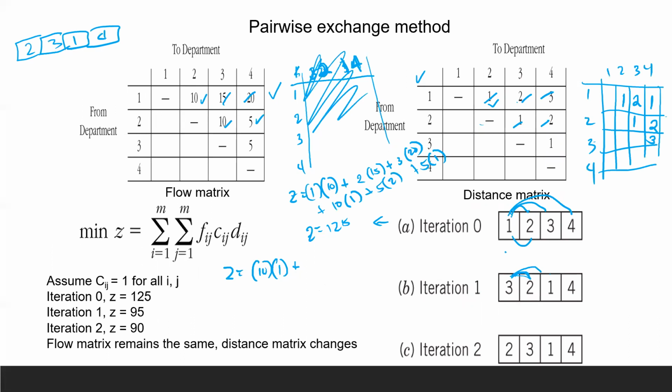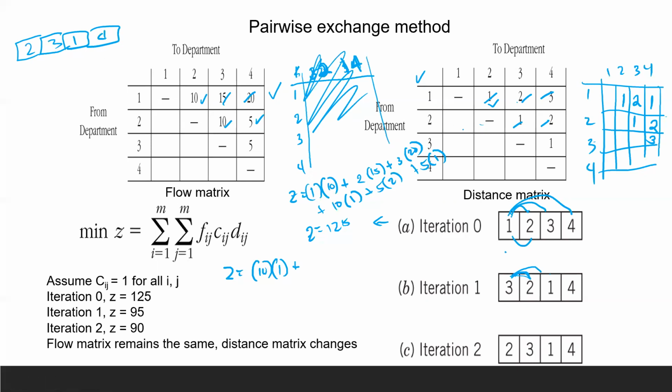Pero gagamit tayo ng software dito, or yung may add-ins sa Excel para mas mabilis yung analysis. And hindi ko sinasuggest itong pairwise, kasi mas komplikado siya pag i-consider na yung area. Mas maganda yung ating first step, di ba? Na nagba-block diagramming lang tayo na kagaya nito. Tama?